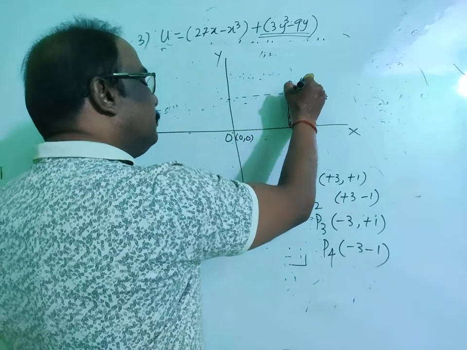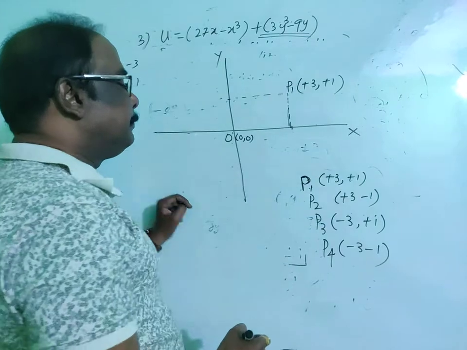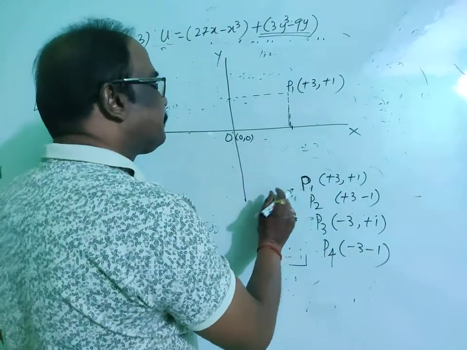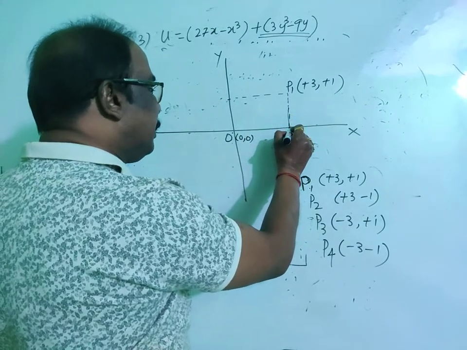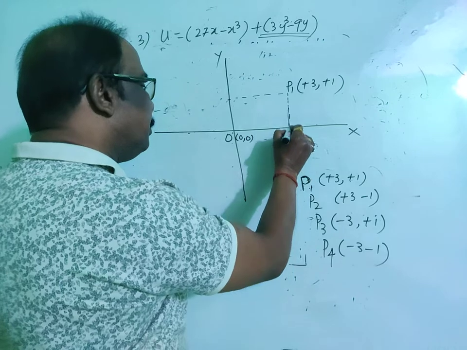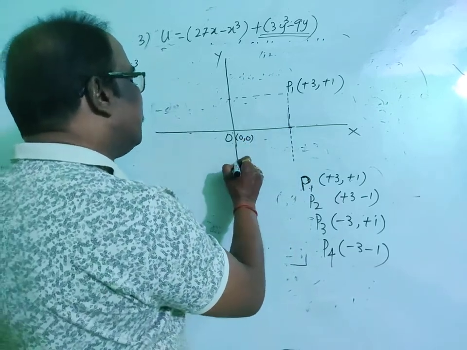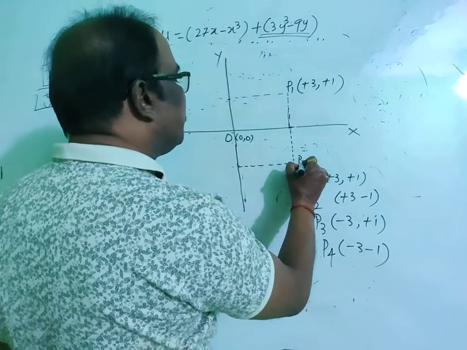This is P1, coordinates plus 3, plus 1. Then point 2, plus 3, minus 1: this position is 3 on the x-axis and in the y direction it is minus 1. This position is P2.